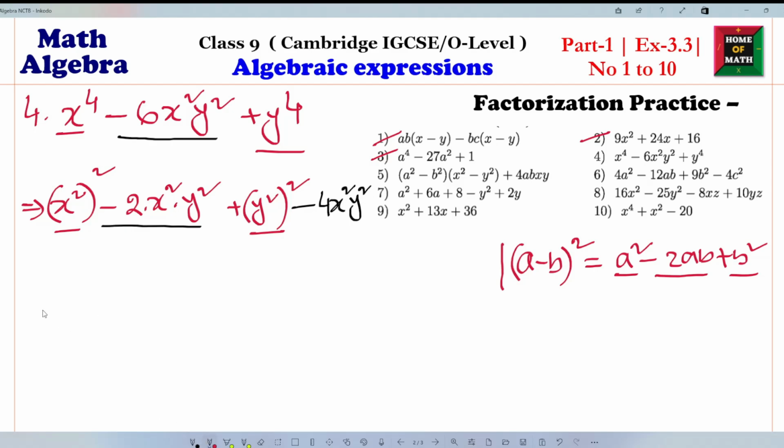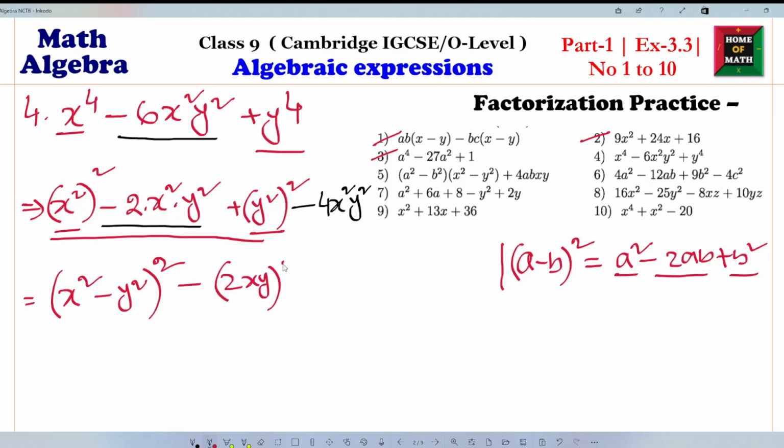Okay, now again this line (x² − 2x²y² + y⁴), we can write (x² − y²)², and here is minus 4x²y², we can write (2xy)².